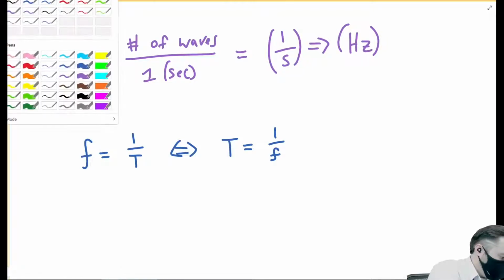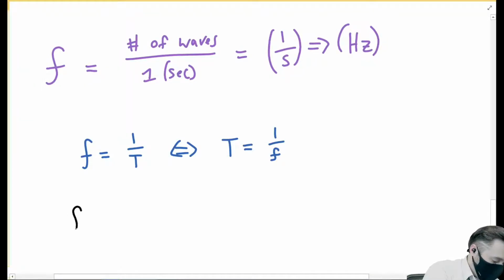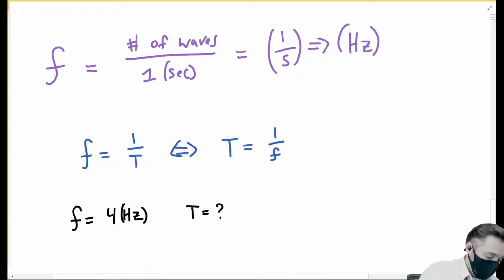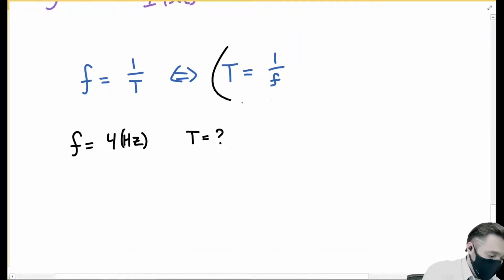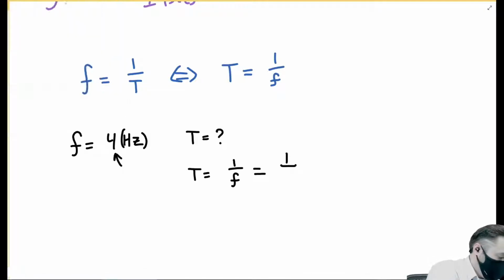So if I'm given that my frequency is equal to 4 hertz, and I'm asked to find the period, I know that the period is just 1 over the frequency, and what I'm going to do is insert what my frequency is, and I have 1 over 4 hertz.